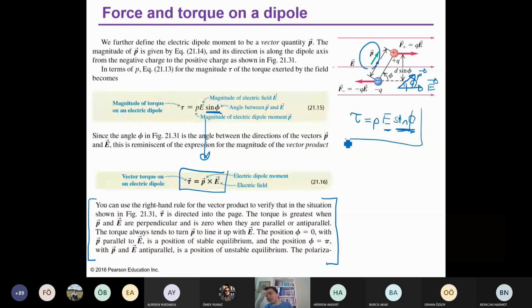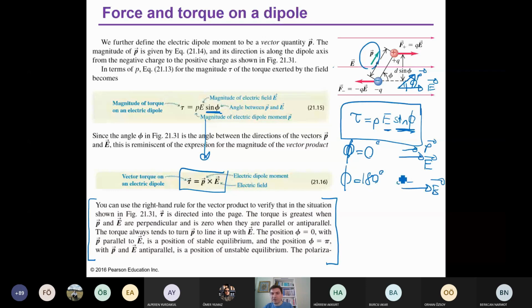So what about the maximum and minimum torque? If phi is 0 degree, or if phi is 180 degrees, just consider these conditions. Phi is 0 degree. What is the meaning of that? This electric field and electric dipole are in the same direction. Phi is 180 degrees. Electric field is in this direction and dipole is in this direction.